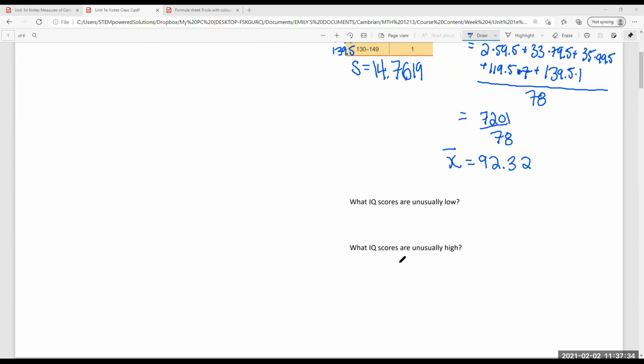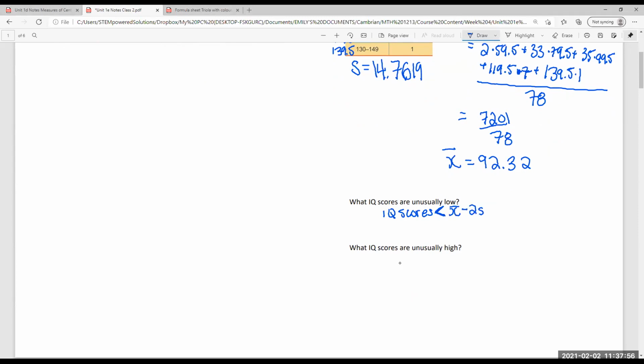Yeah, so IQ scores that are unusually low have to be less than x bar minus 2s.